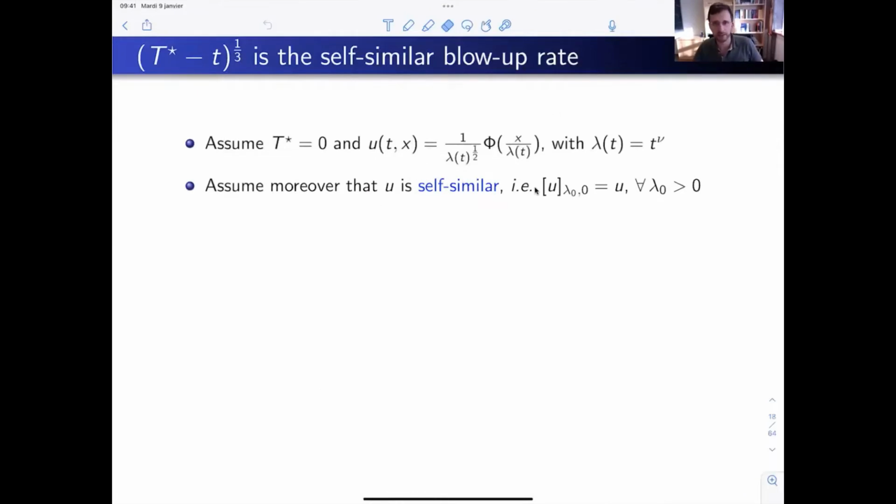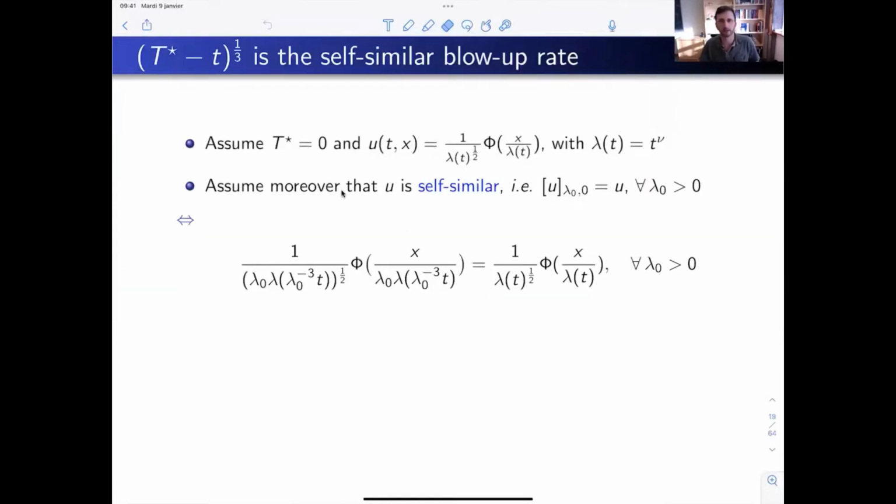So what does it mean? It means that if I transform it by the scaling transformation that we saw before, it is invariant by the transformation for any lambda naught positive. Okay. So if I rewrite this condition with this specific solution, I will deduce, so on the left, I have the rescaled function: 1 over lambda of (lambda naught to the minus cube T), everything to the 1/2, times phi of X over lambda of (lambda naught to the minus cube T), which is equal to 1 over lambda(T) to the 1/2 phi of X over lambda(T).